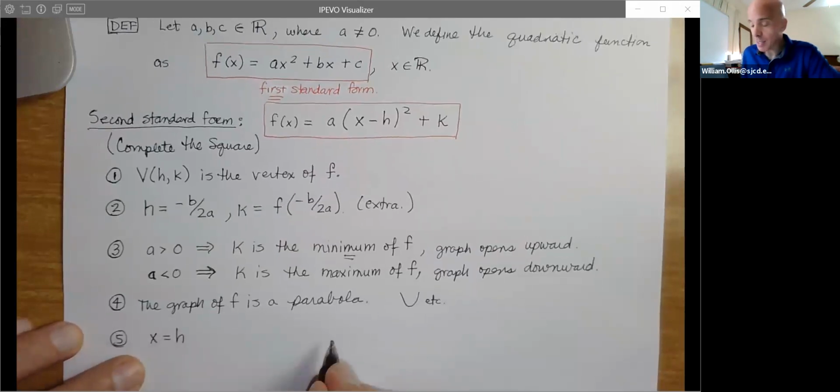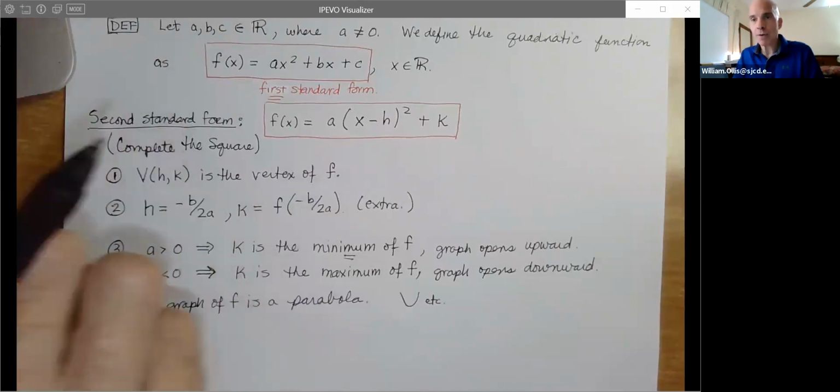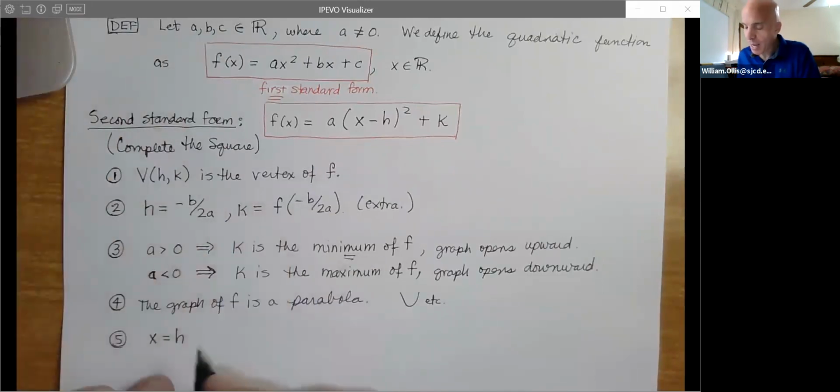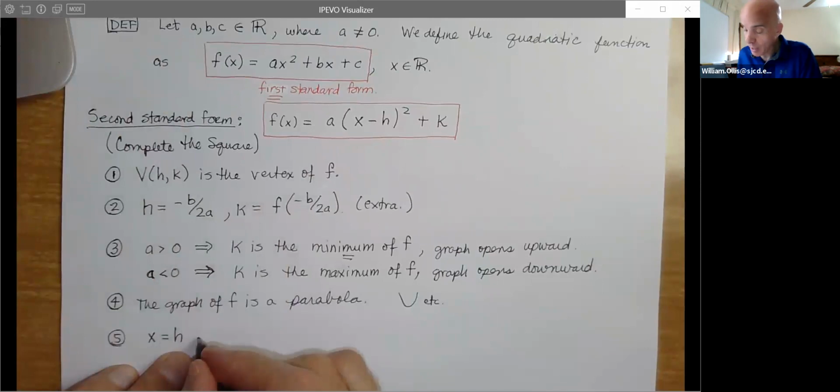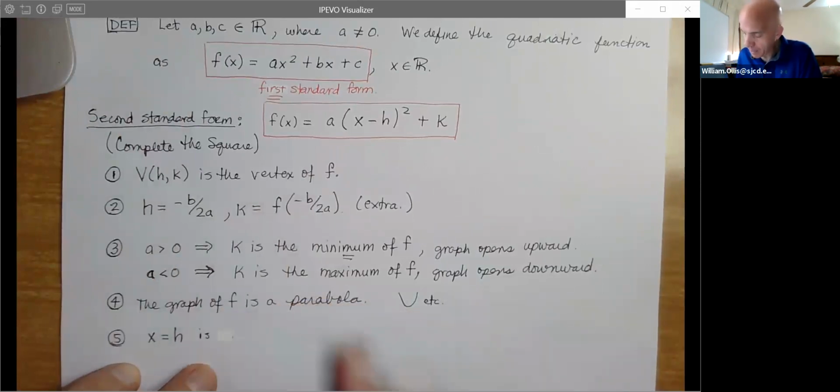When we do conic sections, the graphs may open to the right and the left, and so we'll have a horizontal axis of symmetry. X equal h is a symmetry axis for f.